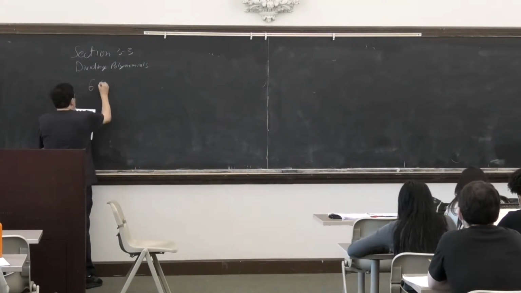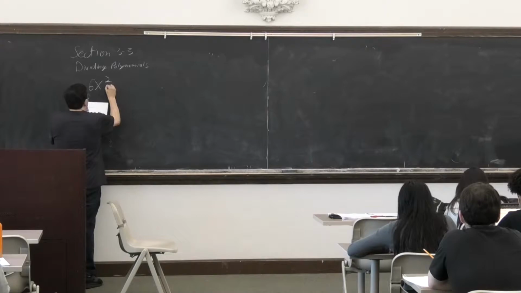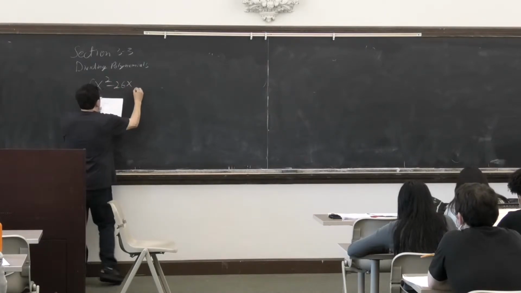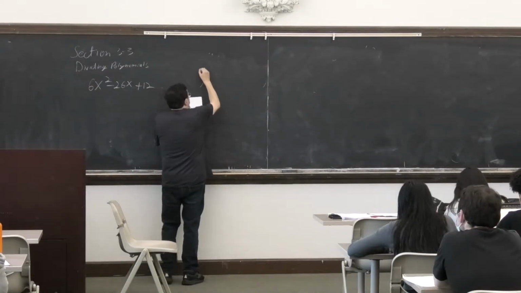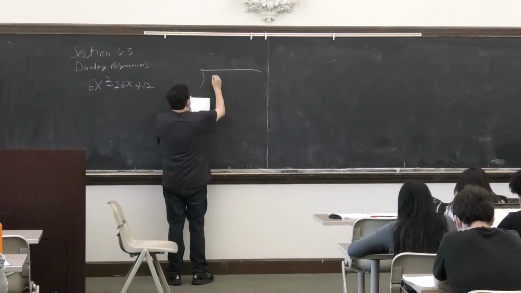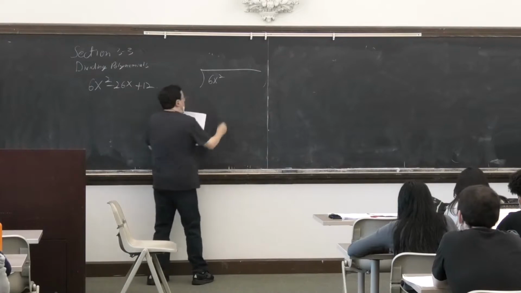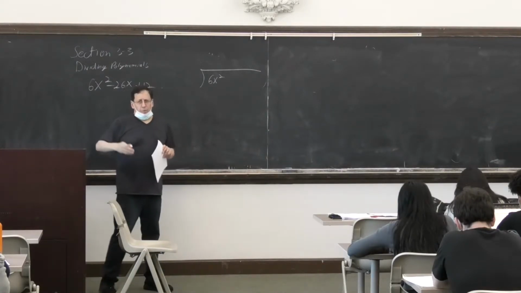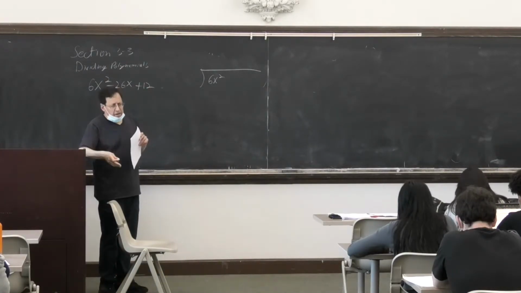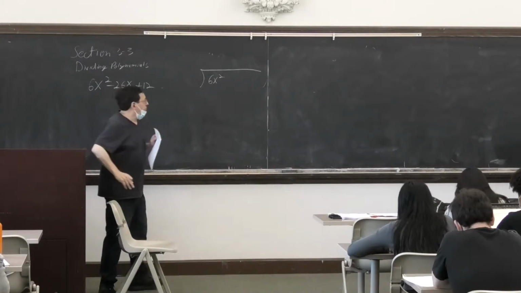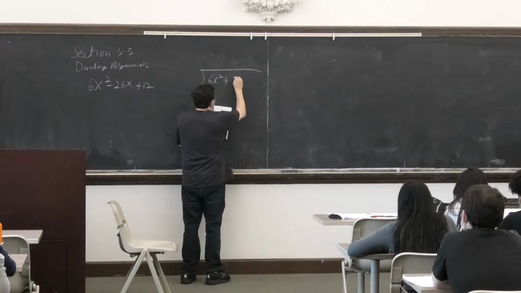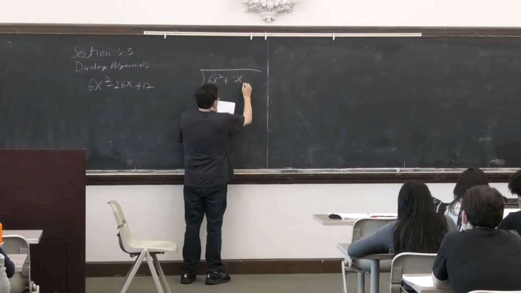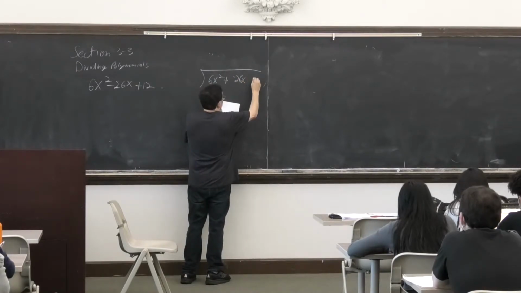So if, for example, I had 6x squared minus 26x plus 12, I set it up the same way. Now, for purposes of being really careful, I would suggest instead of writing minus 26, write plus minus 26x.